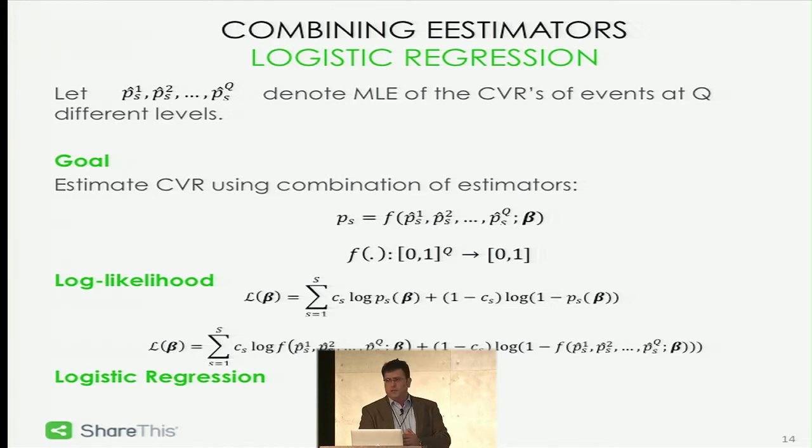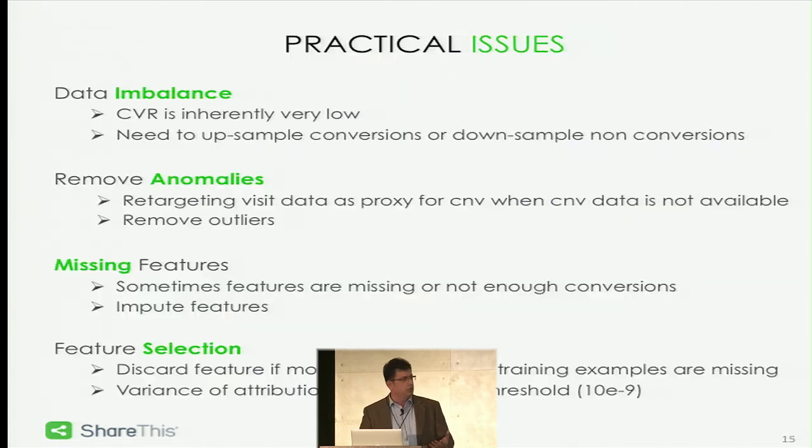But this is not so easy to do because there are lots of practical issues here. One of the practical issues is that data is imbalanced. As I said, there is one positive sample and 1 million negative samples, very unbalanced data. We need to upsample the conversions or downsample the non-conversions.